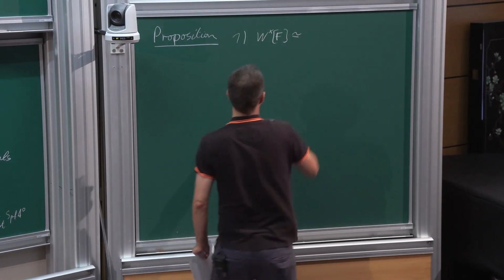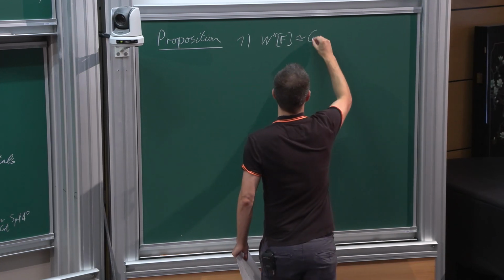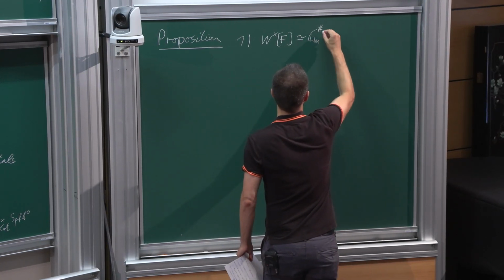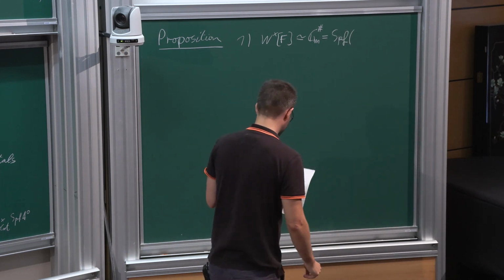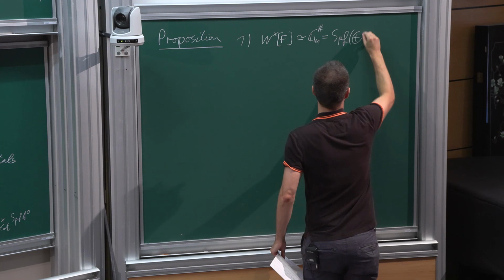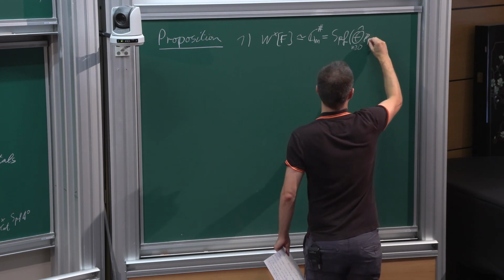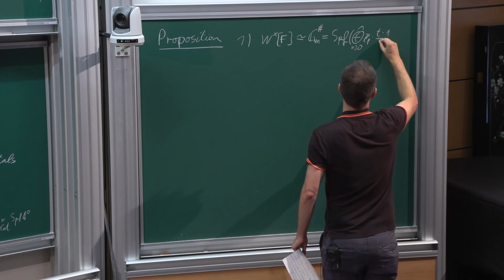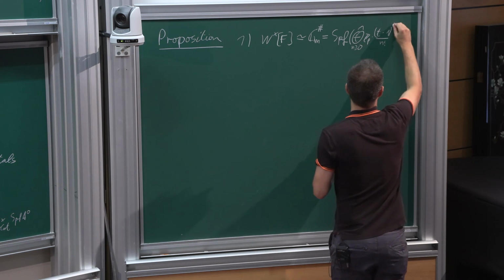And so this group scheme identifies with G_m sharp, which is the Spf of the following ring: the p-completed direct sum of Z_p times (T minus 1) to the power n over n factorial.